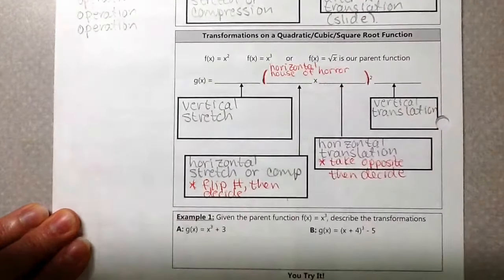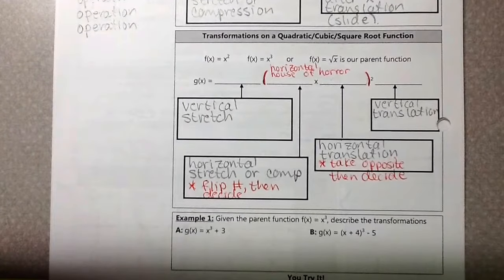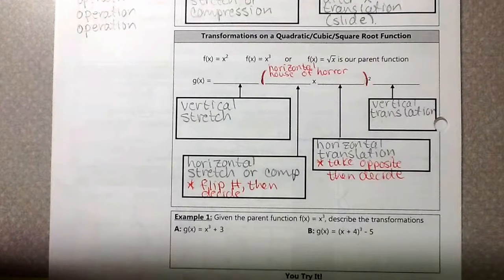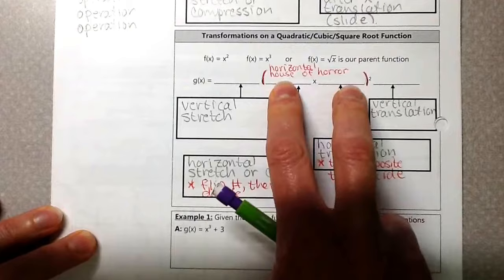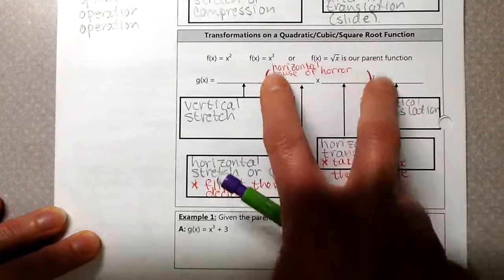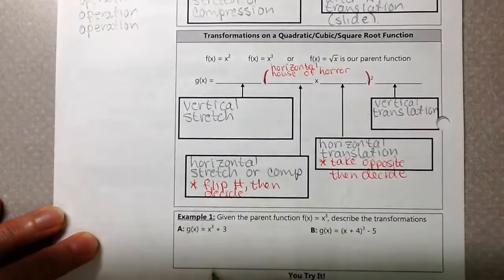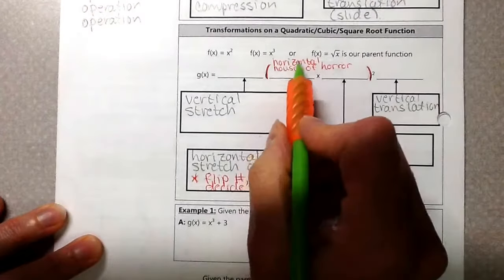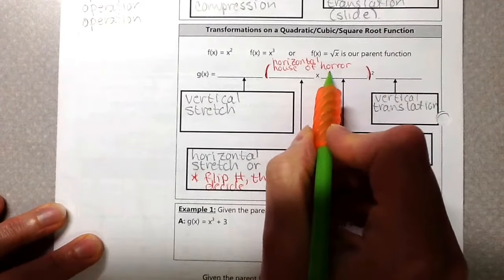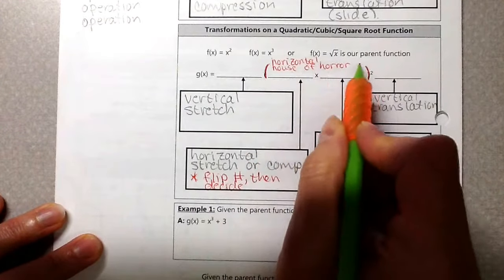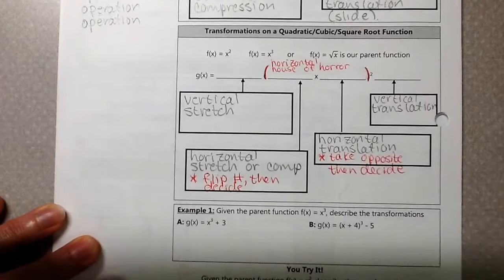Anything that goes on inside there is horizontal, and it can only be horizontal or vertical. So if it's inside the horizontal house of horror, the parentheses, it's horizontal. If it's outside, it's going to be vertical. Again, it can just be one or the other. The reason I call this the horizontal house of horror is because the numbers in here don't behave like you think they will. We'll talk about that in just a minute.